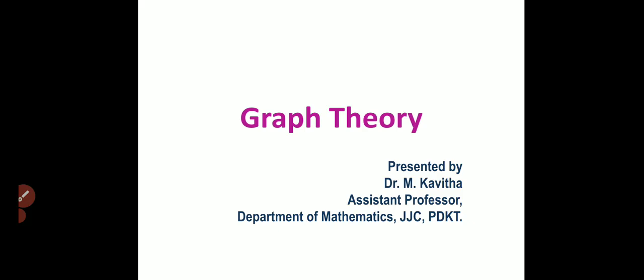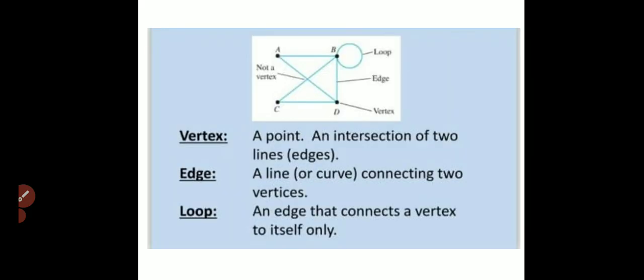First of all, we see the definition of graph. Here we have one graph. This graph has 4 points that are A, B, C, D. Generally, the definition of a graph is: a graph consists of a finite non-empty set of points together with a prescribed set of unordered pairs of distinct points.